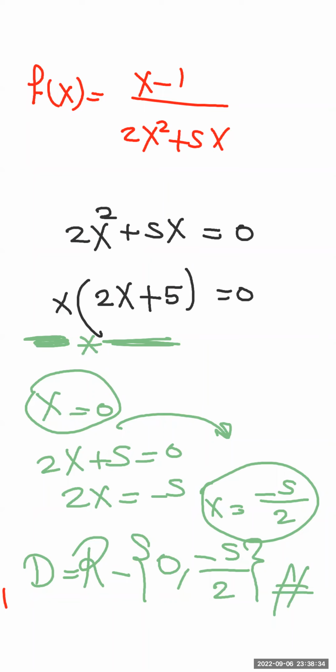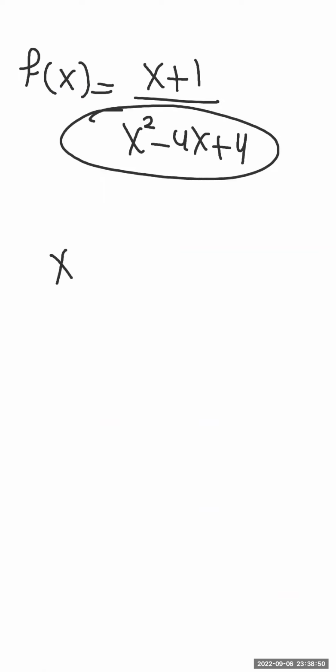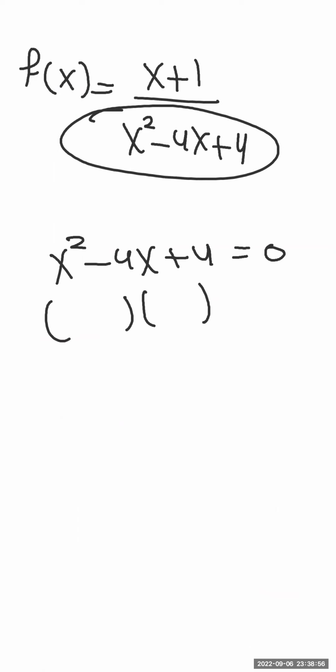Okay. Another example. f of x equals x plus 1 over x squared minus 4x plus 4. Now, get me the denominator, sorry. x squared minus 4x plus 4 equals 0. Factorize: x and x.